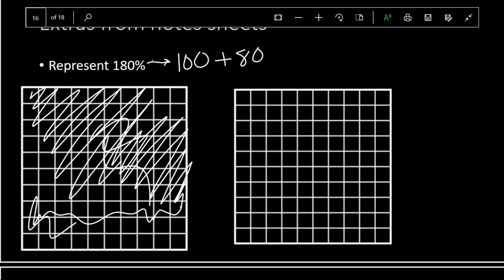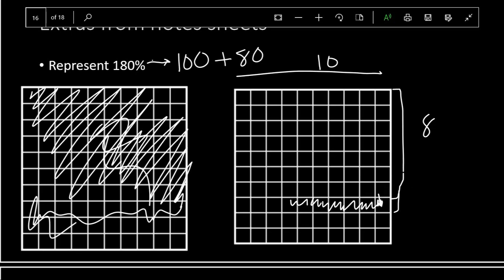And then on this one, we're only going to shade in, we'll do our 10 across, and we'll do our 8s down. So it doesn't matter if you start at the top or at the bottom, as long as you have them all shaded in to represent 80.